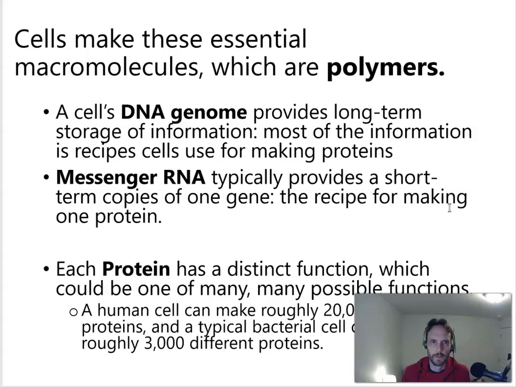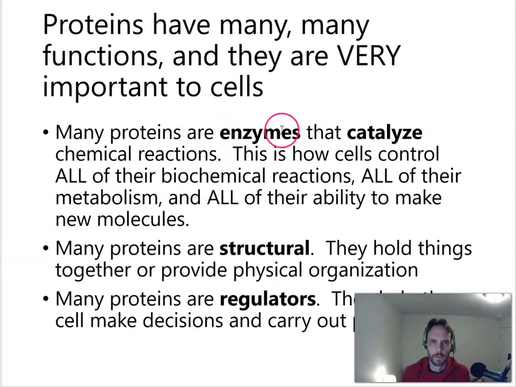What else can proteins be? Well, enzymes are my favorite. I like to talk about enzymes. I want you to think about enzymes. But a lot of them are also structural. You could think of actin and myosin. Myosin's a bad example. Tubulin that makes microtubules is a better example.